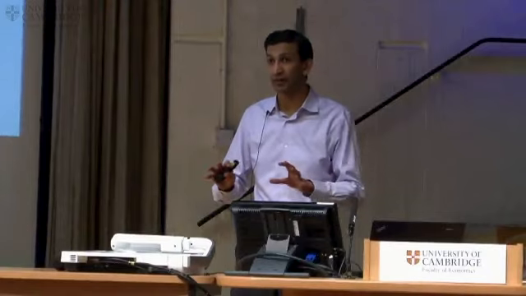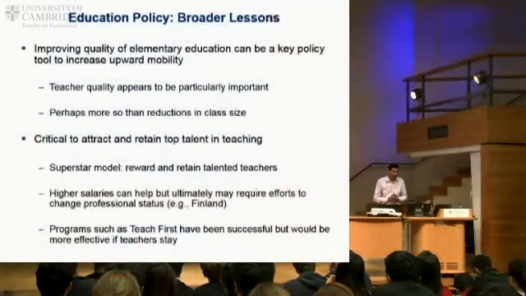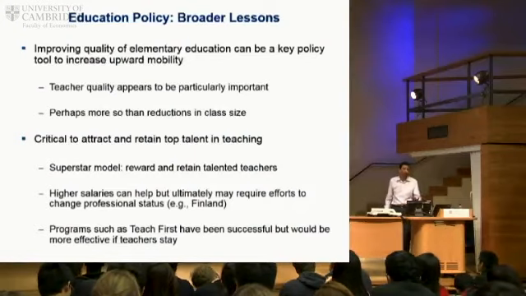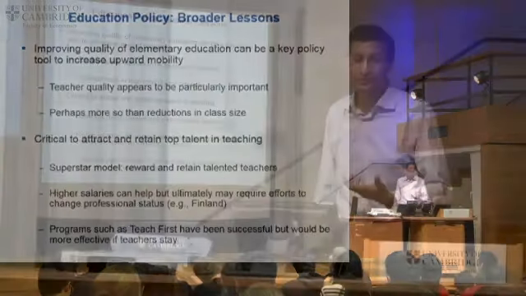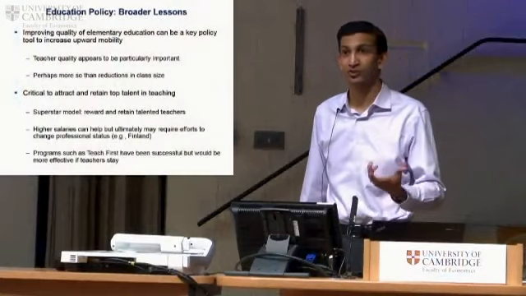And one way to think about how one might want to do that is kind of like a superstar model of a profession where you reward and retain the most talented teachers rather than the current system in the US where there's very little ability to keep a selected set of teachers on the staff. That could require higher salaries. Ultimately, my sense is it'll also require some changes in professional status.